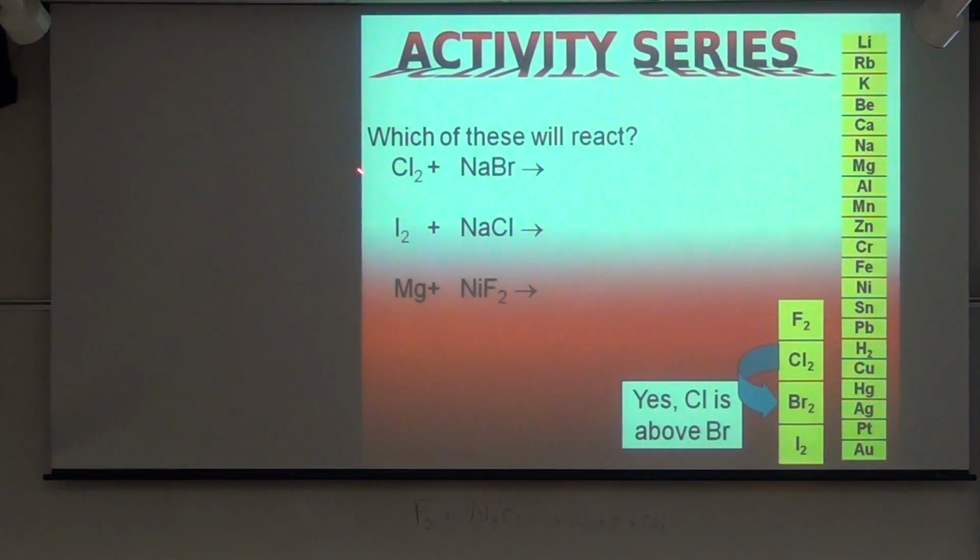So in our first one, we've got chlorine and bromine as our non-metals. Sodium is the only metal. So we're going to have a positive ion of sodium with one of these negative ion halogens. Chlorine is above bromine, so it's going to replace it. More active, more aggressive. Get out of my way.